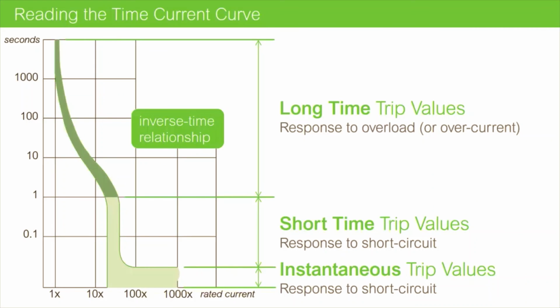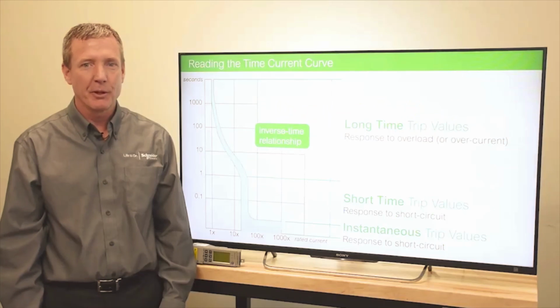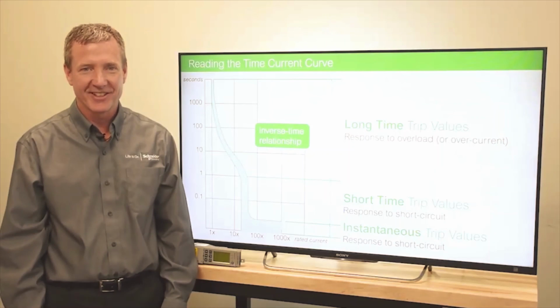Remember, the upper range for lower multiples of the rated current represents the long time trip values. The vertical part of the time current curve represents the short time trip values, and the lower, flattened out part of the time current curve represents the instantaneous trip values. Identifying these characteristics, you'll be well on your way to reading time current curves for circuit breakers.